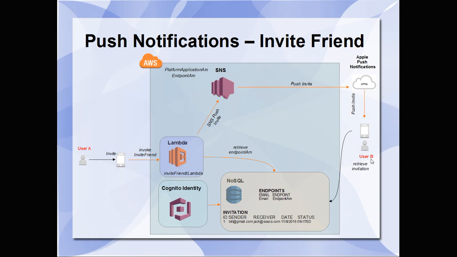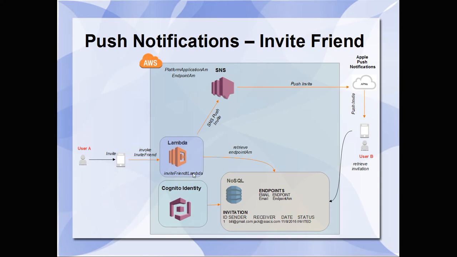You have to send to endpoint ARNs. So user B has to be a registered user, has to be authenticated, and also has to have an endpoint ARN, which means they're running the same application. There's a device token. There's an endpoint ARN on the mobile device, and it's also stored in a NoSQL database. This user wants to invite this email ID with this endpoint ARN.